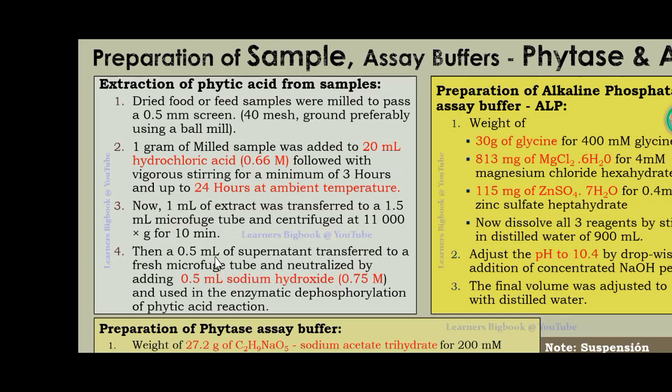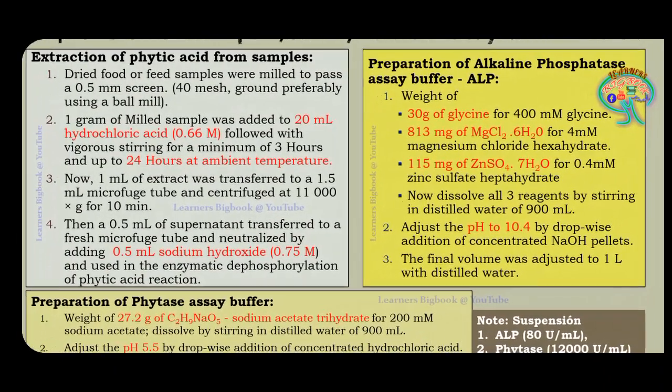Of the supernatant you get, 0.5 ml has to be taken into another 1.5 ml microfuge tube, and there you are going to neutralize with 0.5 ml of 0.75 molar sodium hydroxide. Now after this neutralization of the sample, the enzymatic dephosphorylation has to be done for this sample. That will be discussed further during the procedure.